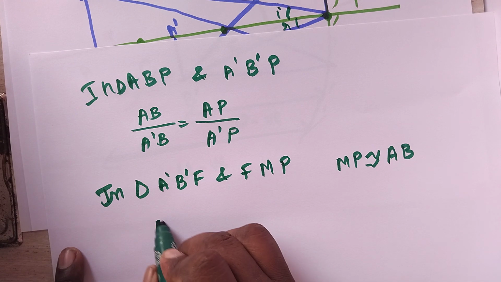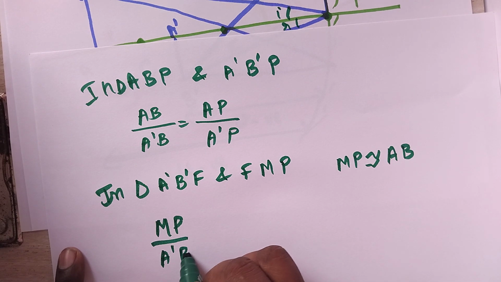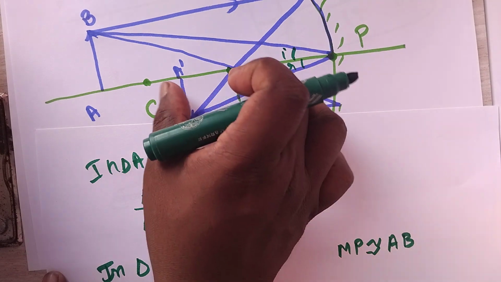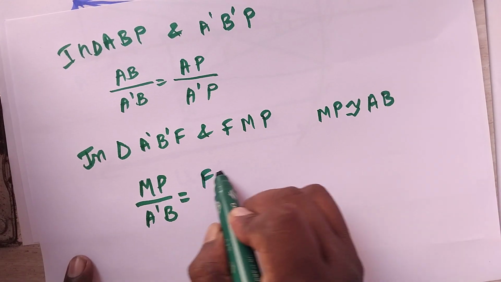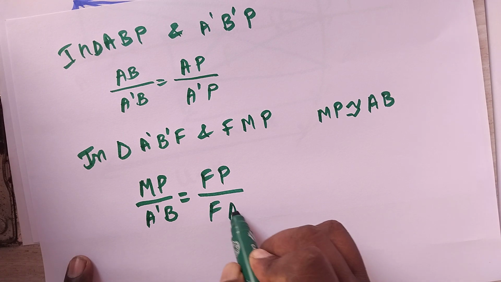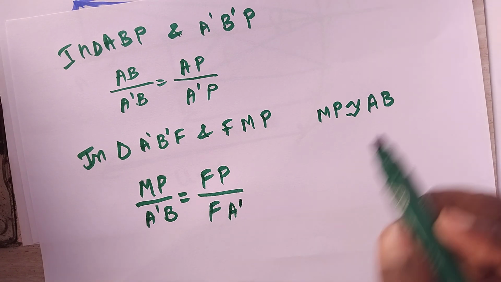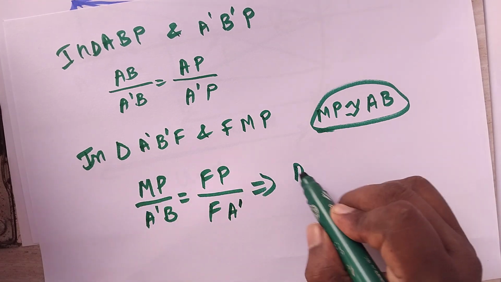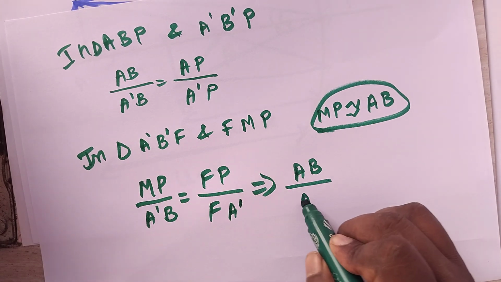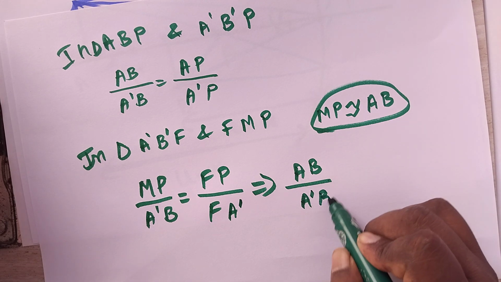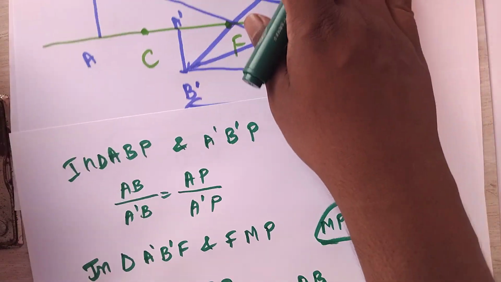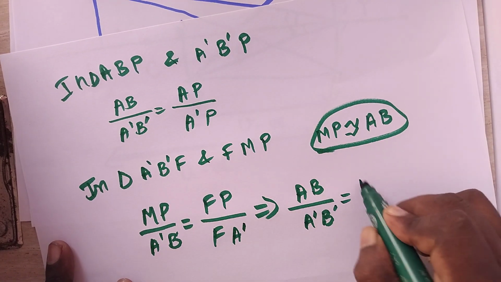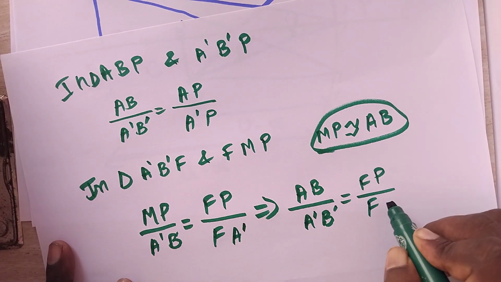MP by A dash B dash is equal to FP by FA dash. We know MP and AB are equal, so we can change it: AB by A dash B dash is equal to FP by FA dash.